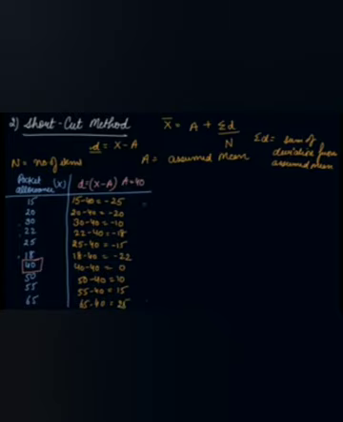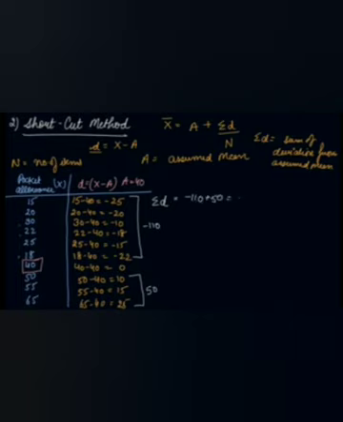Now you have to find summation D, so you will add all the items. Adding the negative items, you get minus 110. Then adding the positive items, you get plus 50. So summation D is equal to minus 110 plus 50, which is equal to minus 60. Now we have the value of A as 40, summation D we have found, and the number of students is 10.